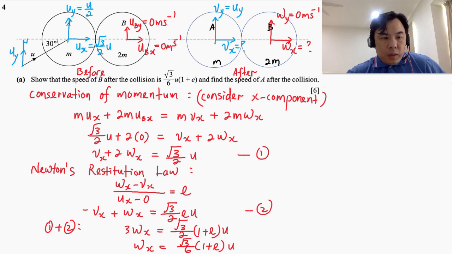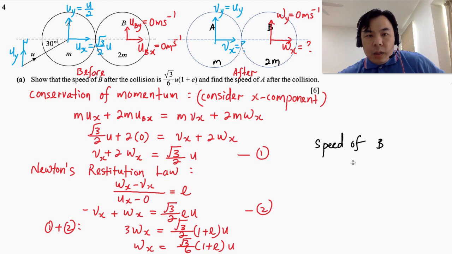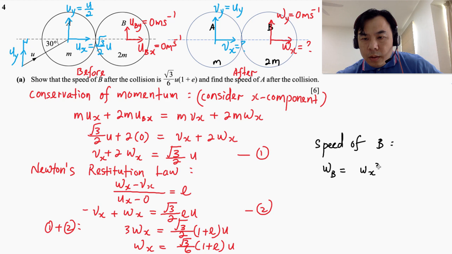Okay, but the speed, I'm going to show it to you. The first part, speed of B after the collision. Okay, so speed of B after the collision is actually given by a square root.